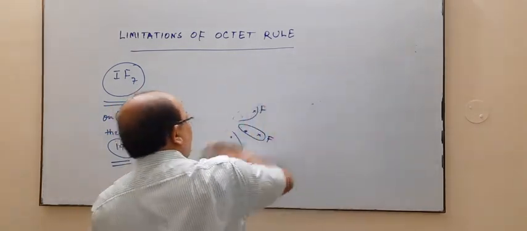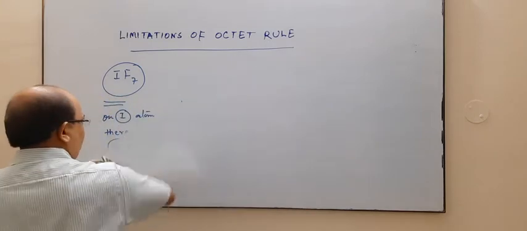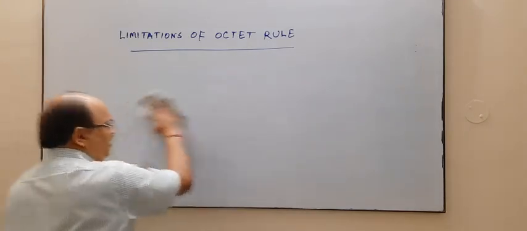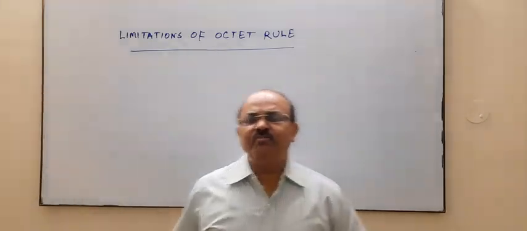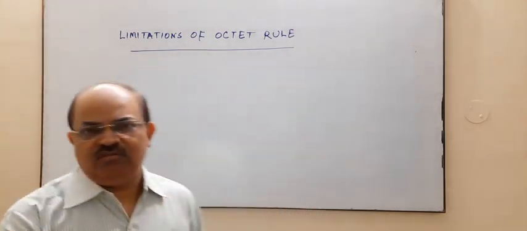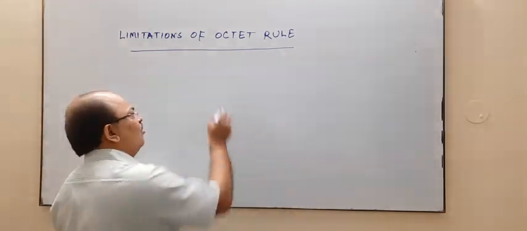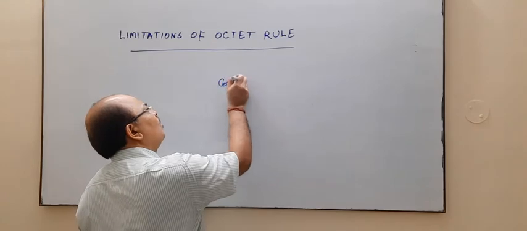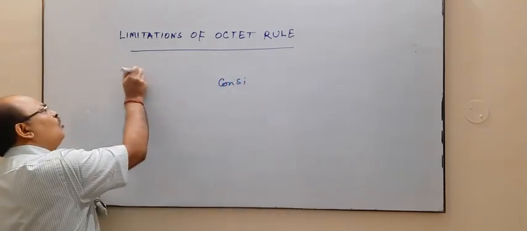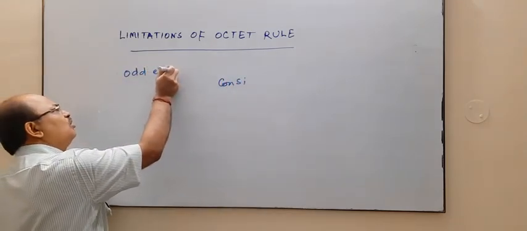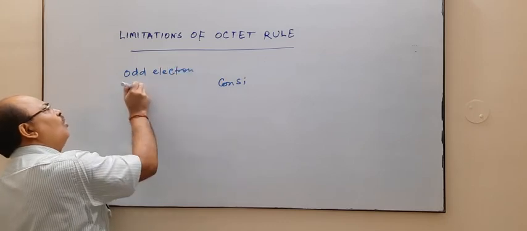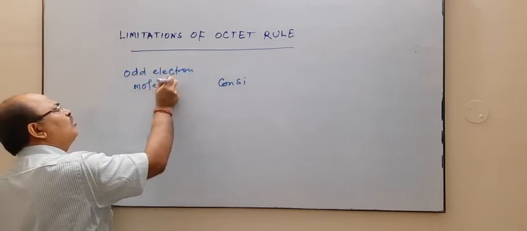Now apart from it, there are certain compounds which have odd electrons. For example, so write odd electron molecule.